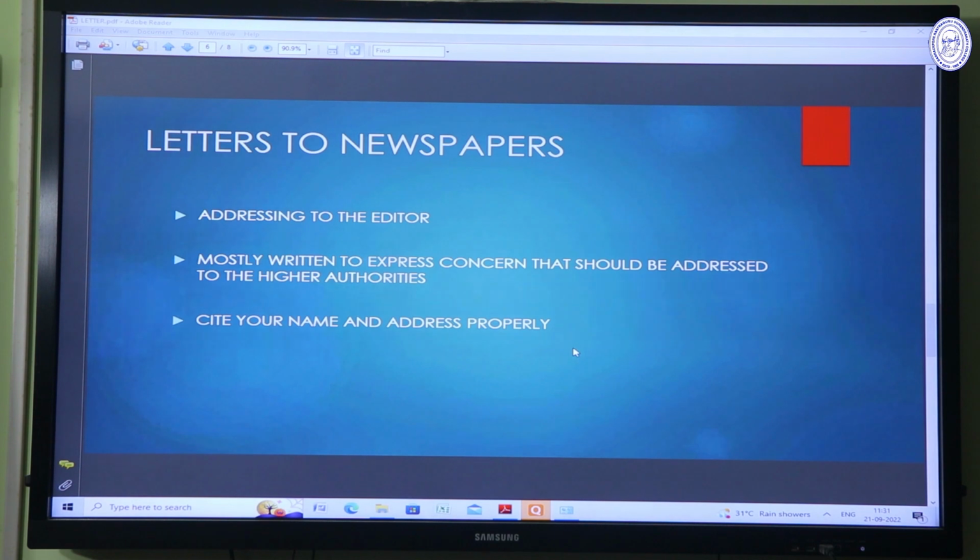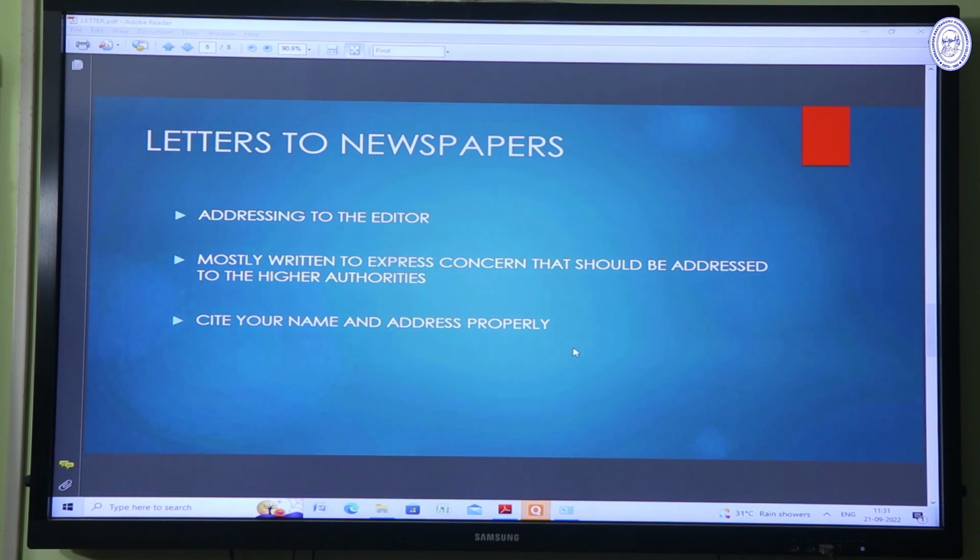So far we have talked about three kinds of letters. Formal letters can be used for three different purposes: for business purposes, for job purposes, and of course for writing letters to the newspapers.